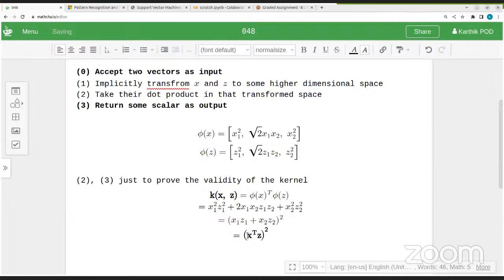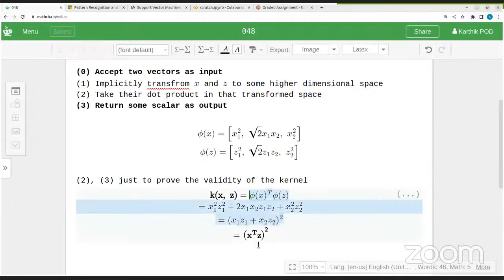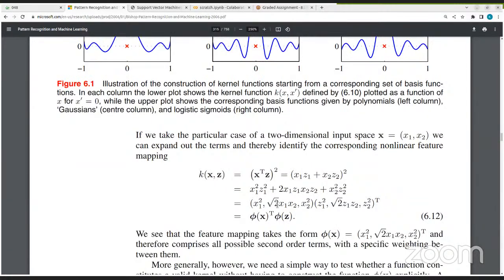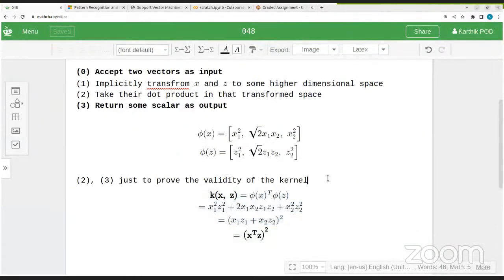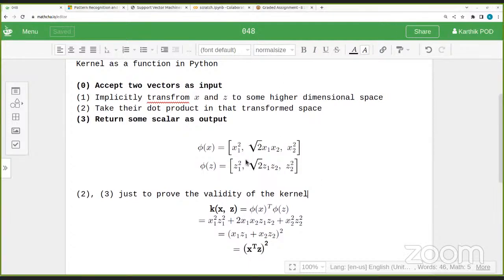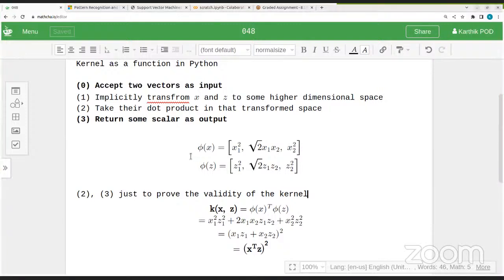So no one will give you all this. They will only give you that the kernel k of x comma z is x transpose z whole square, right? So that is all they'll give you. Okay, so anything else?